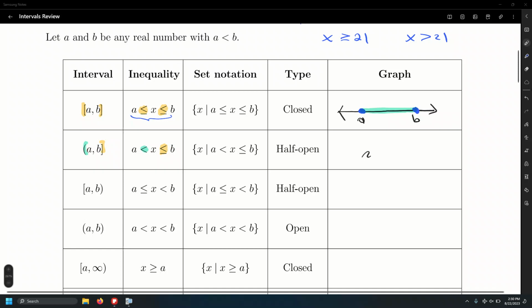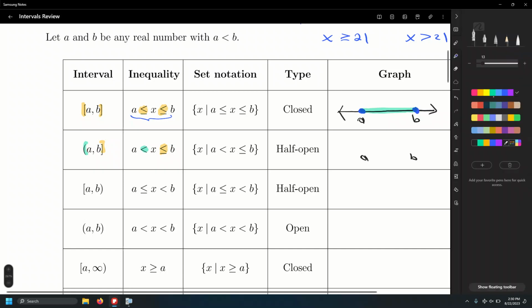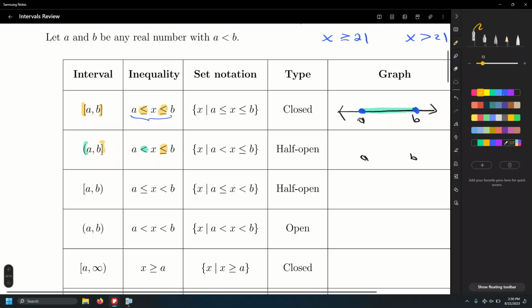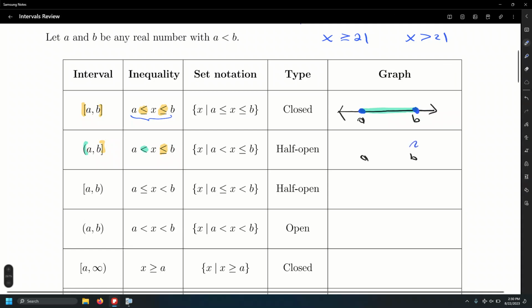So that's A and B. In the previous interval, the fully closed interval, we represented the endpoint as a solid circle. However, the open one is represented with an open circle. All right? Okay, what am I going to do next?